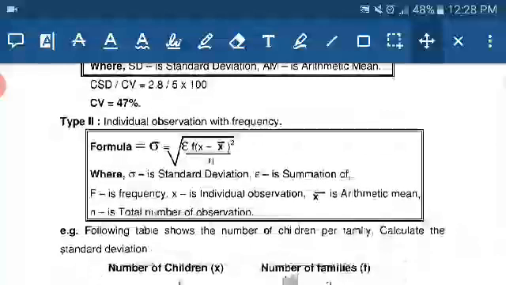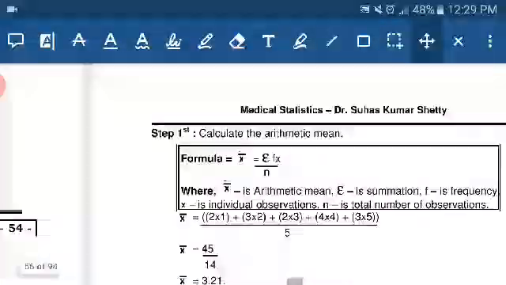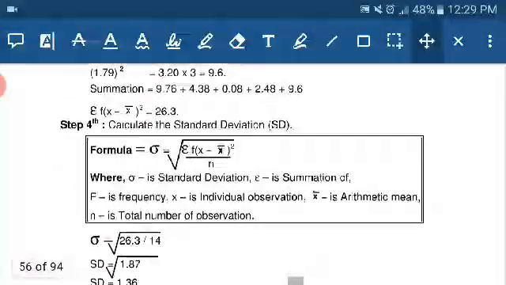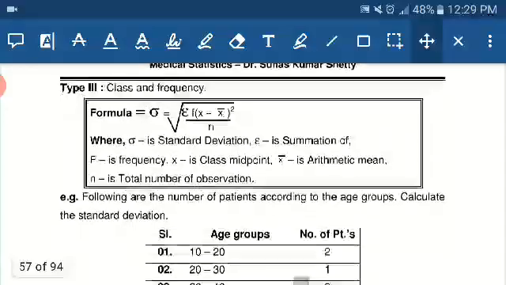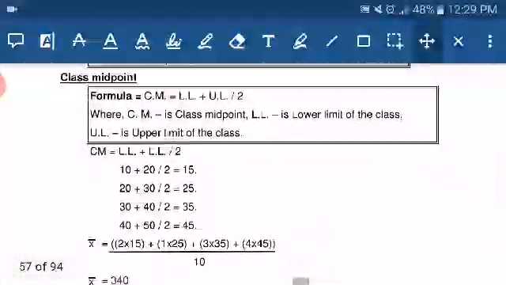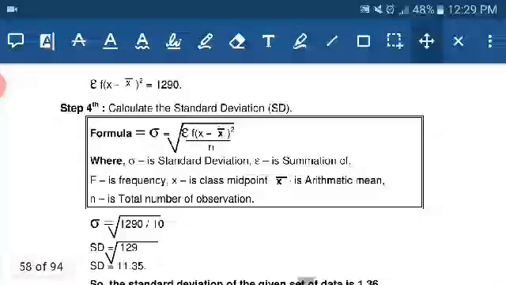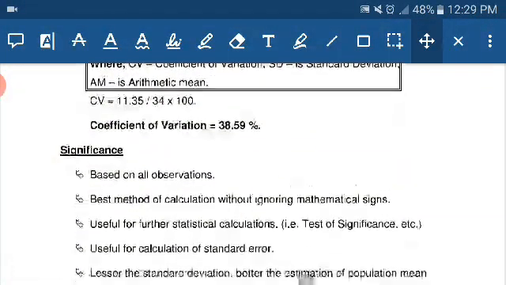Then type 2: individual observations with frequency. See the examples given below. Calculate the standard deviation and coefficient of variation.